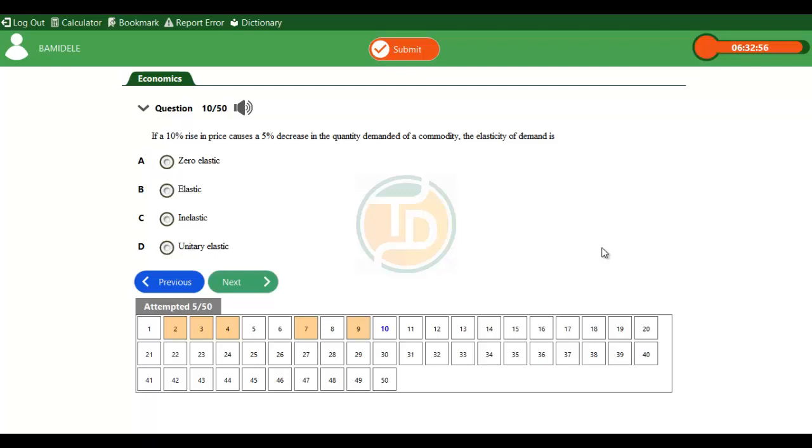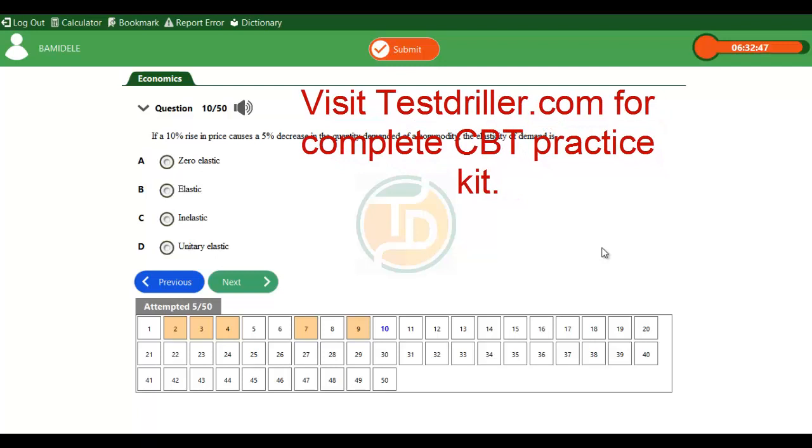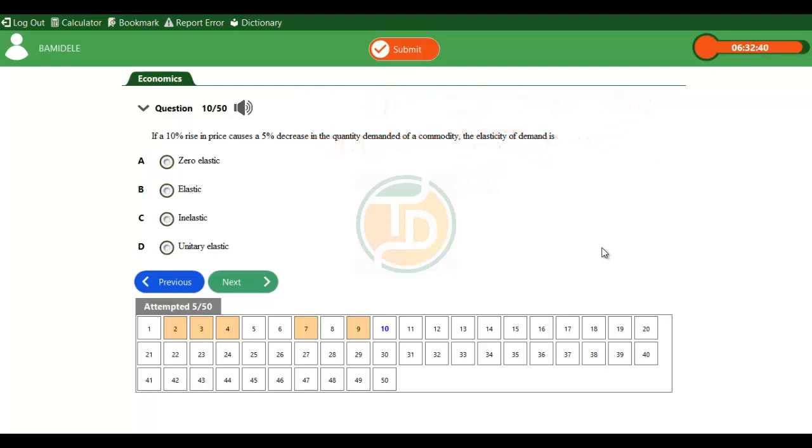Question 10, 2014 UTME. If a 10% rise in price causes a 5% decrease in the quantity demanded of a commodity, the elasticity of demand is: option A, zero elastic; option B, elastic; option C, inelastic; option D, unitary elastic.